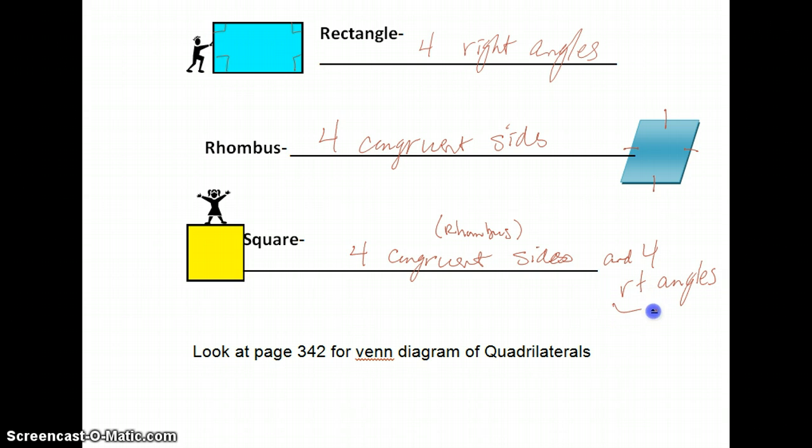So this part also makes it a rectangle. A great visual is page 342. It really shows you how each of these figures relates. They are all quadrilaterals. They all have 4 sides, but they have different relationships between the two. We will do more with page 342 in class.